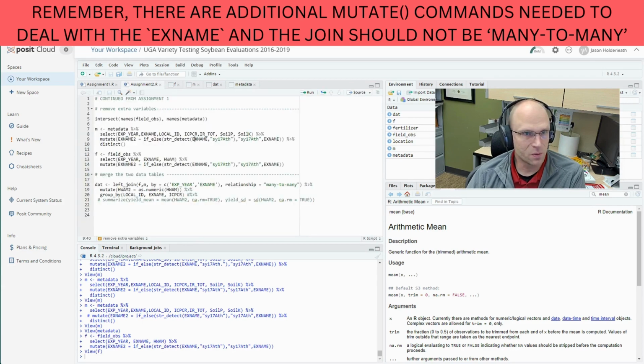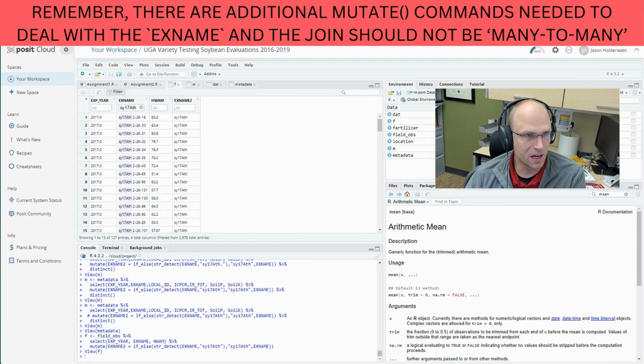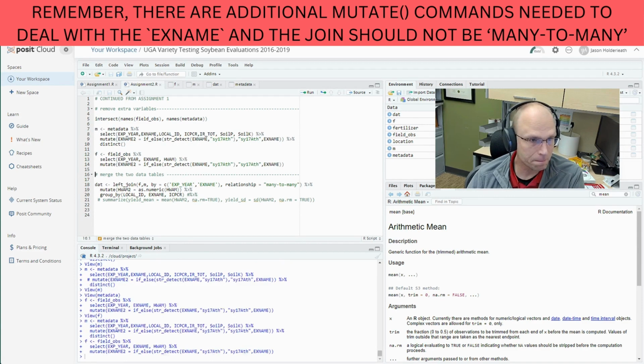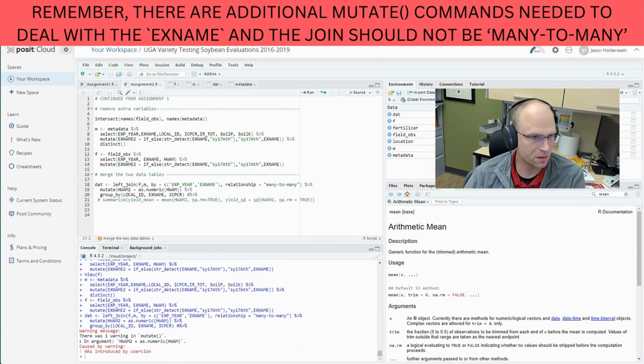So what we'll do here is we'll match that, and then in the field obs, we're going to do the same thing. Just strip off the extra, and if you do that, then you have F, and you see how all these SY17ath become just SY17ath. So then when we match, so if we run this and we merge them, and then we should end up with the data table we can work with.